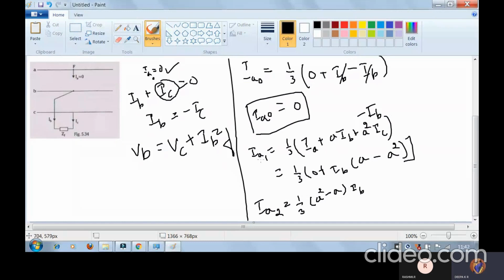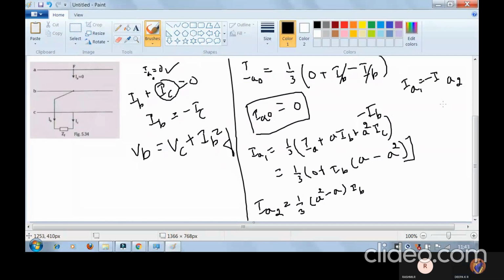But one observation you can make: IA1 is equal to minus IA2, meaning the values are equal but opposite in direction. IB is opposing the IC flow, but both are equal. So IA1 is equal to minus IA2.